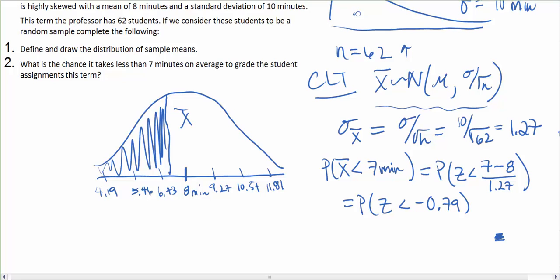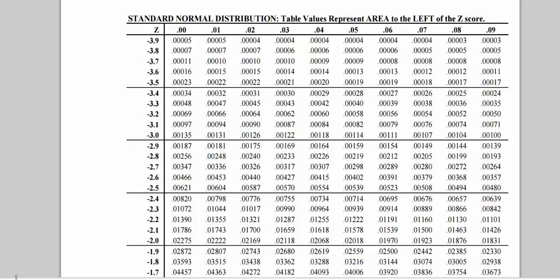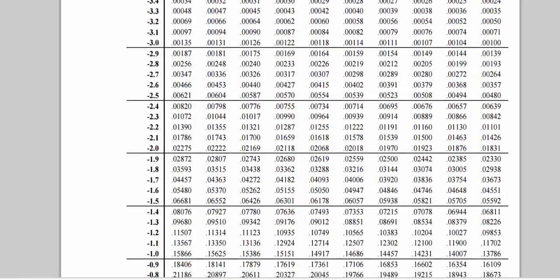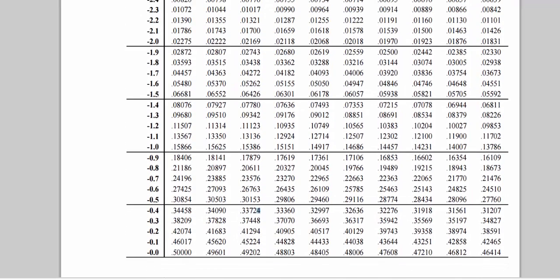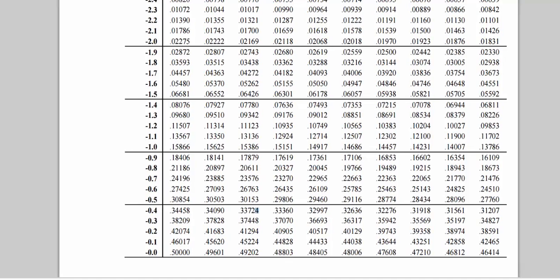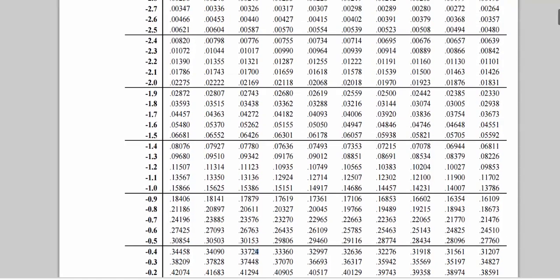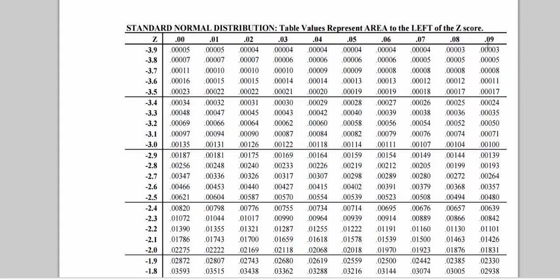So now I can go over to the z table, and I just want to find the area that falls below the z-score of negative 0.79. So I'm going to find the first row of negative 0.7, and I know that the very last column is going to be my 0.09. So if I look up just a little bit, I can see that the last column is here, 0.09.